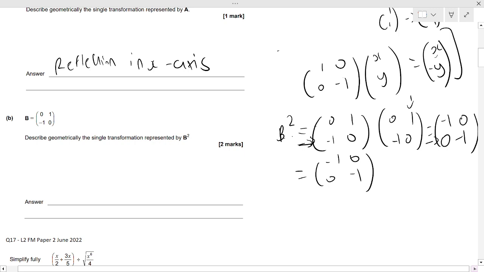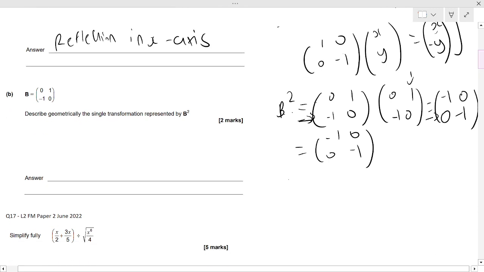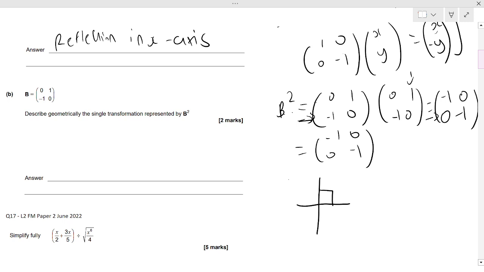Now we need to work out what happens here. You might spot what matrix it represents, but let's consider the unit square again. So let's draw a little square diagram here, and then we want to work out what happens at each point.